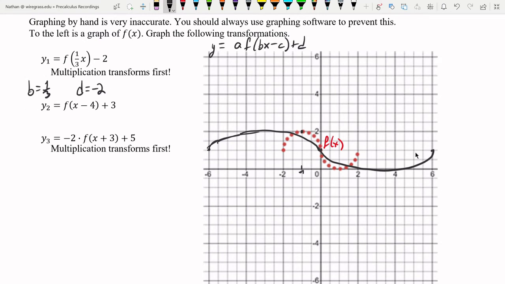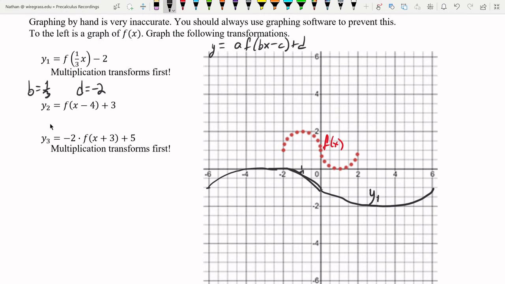So everything here just gets shifted down 2 units. So it's going to look something like this. This point's the main one to keep in line. There we go. Okay, so that's our first function, which is y1.